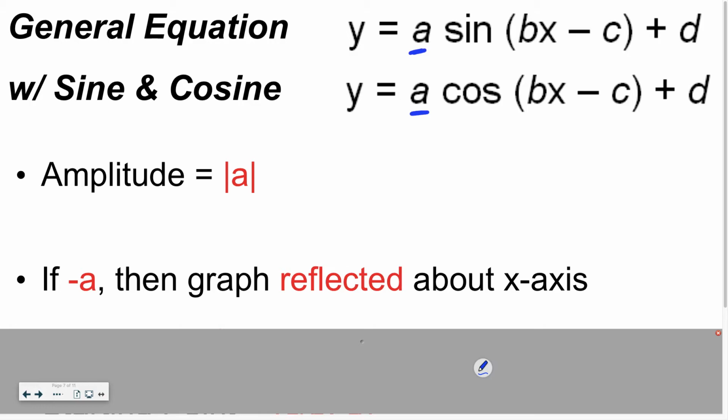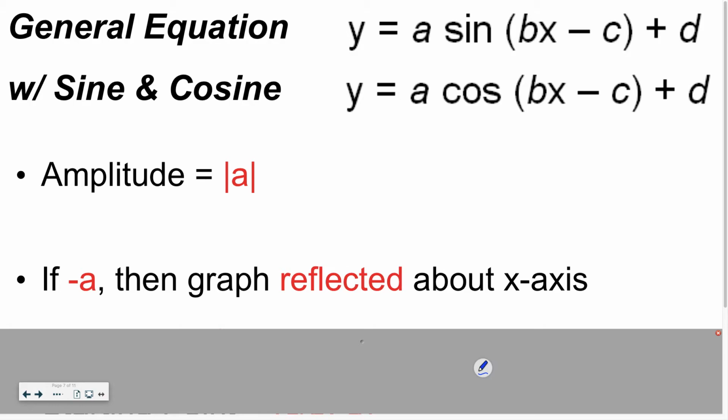We don't just ignore the negative. The negative does tell us if we have a reflection or not. Okay. That should be the easiest thing to pick out. What's the amplitude?